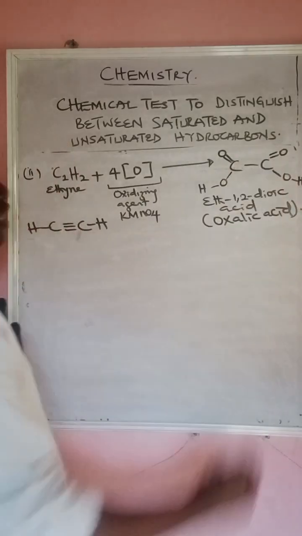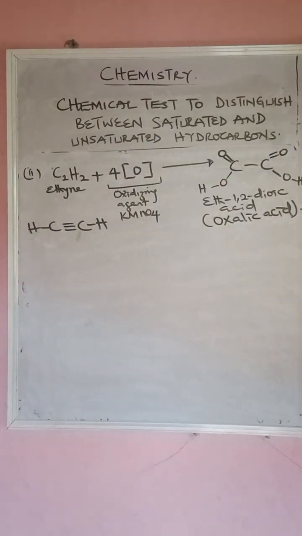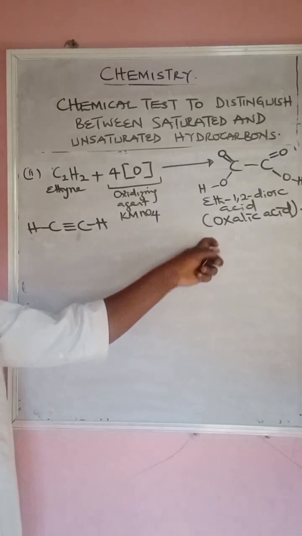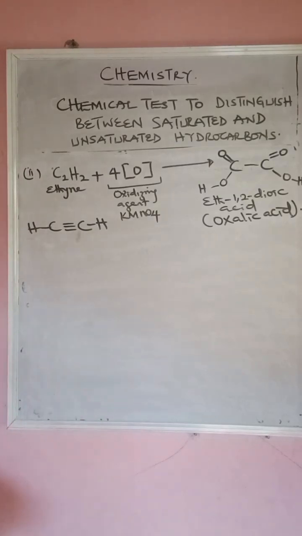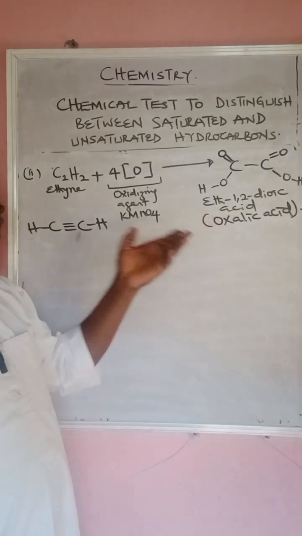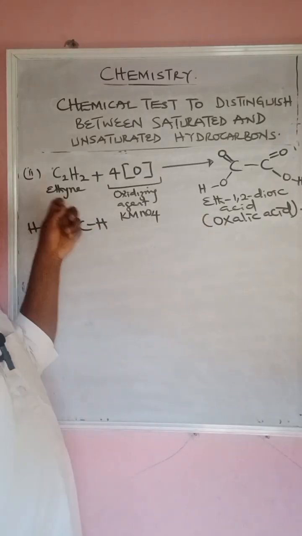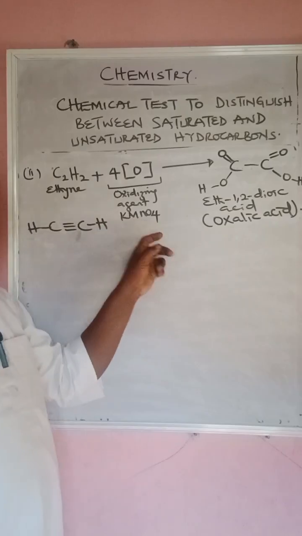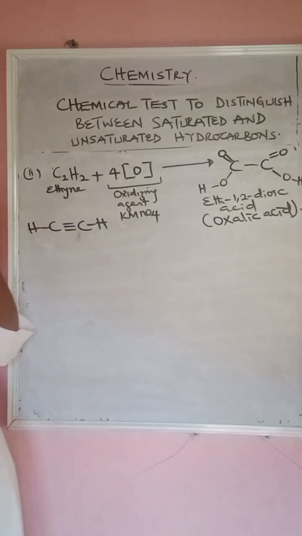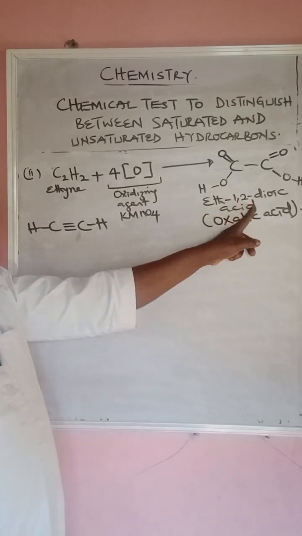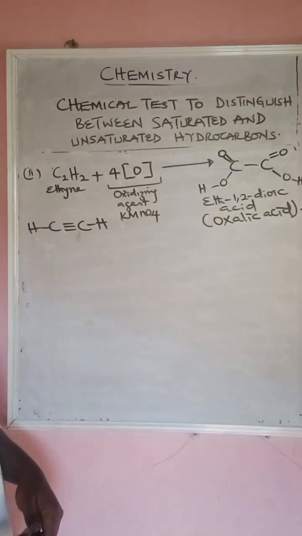It's known as oxalic acid, used in the preparation of carbon(II) oxide, an organic compound. We call it oxalic acid. So how do we obtain oxalic acid, or name the product when ethyne reacts with acidified KMnO4 solution? It will form oxalic acid.